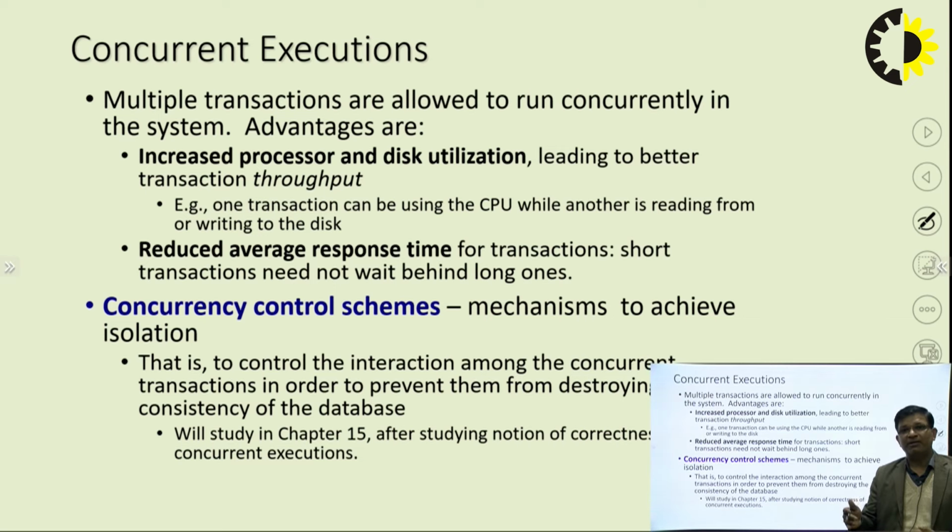If the T2 transaction reads the value of B before it is written by T1, then this is a dirty read. It gives the initial value of B, not the value after the write into B. So these are the various problems, and we have to manage them with various concurrency control schemes. We will discuss that later. First, we will discuss the transaction processing concepts.